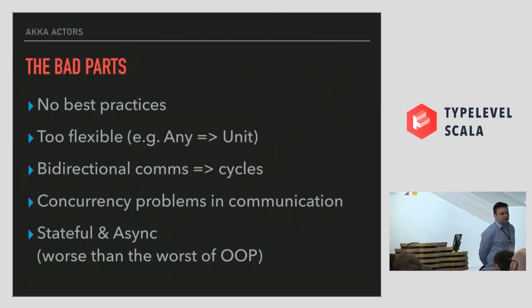And there are also bad parts to them. There are no common best practices. There's a new book on Manning, I think written by Dr. Knuth, but it's a new book, and the best practices that we know probably come from Erlang, and we don't really know Erlang. And the solution is too flexible. I mean, the signature of actors is their receive method, Any => Unit.